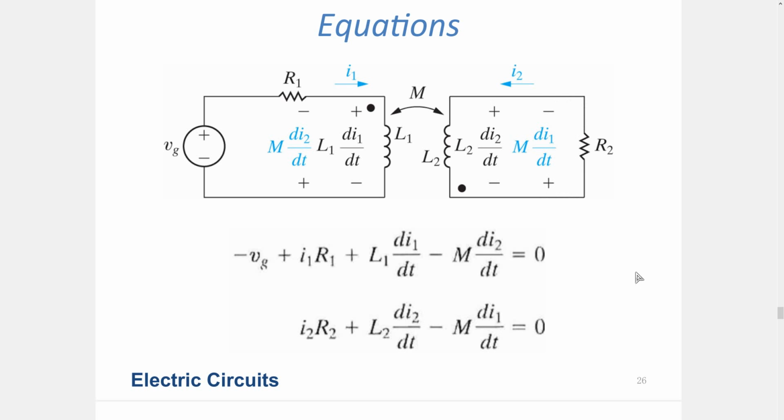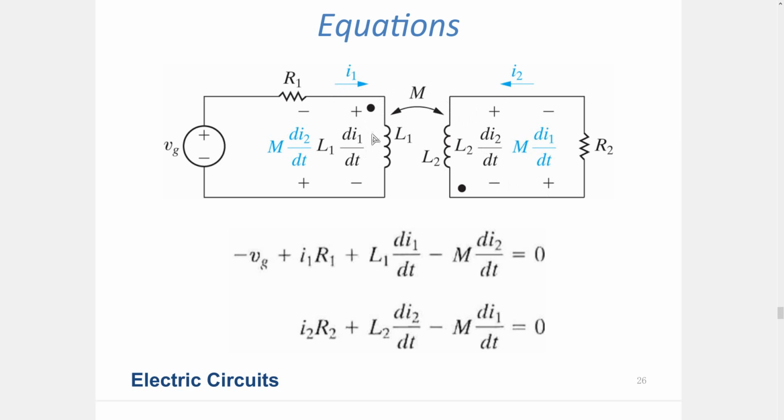0. So this is how, when there is some mutual inductance, we construct our equations. We have to think about the effect of the other side on our side. As you can see, both sides affect each other. The secondary side affects the primary side, and also the primary side affects the secondary side because of this coupling effect.